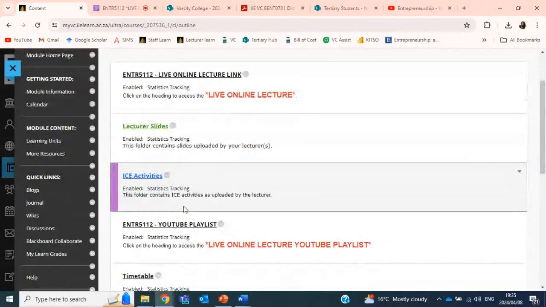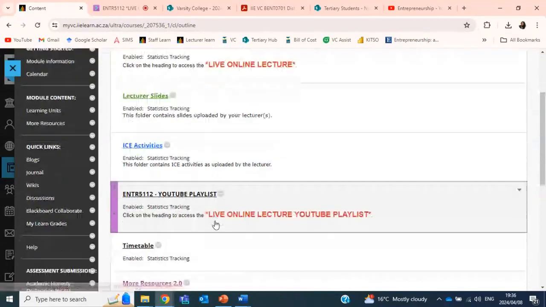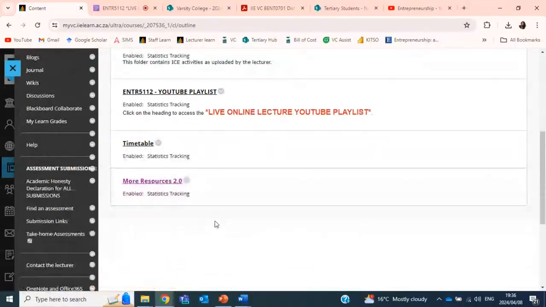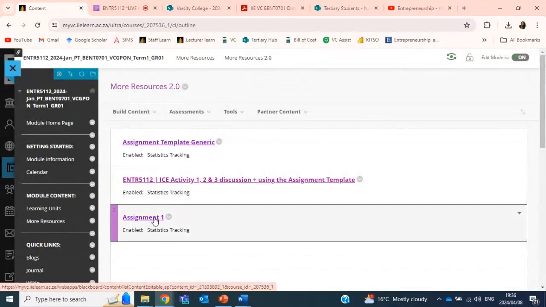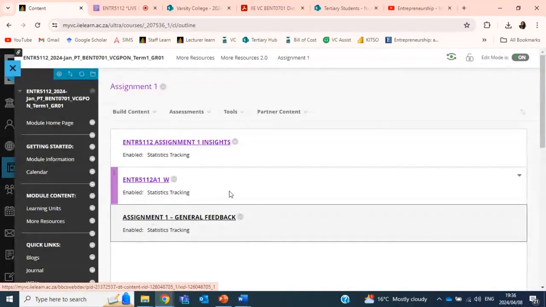So ICE tasks is basically an attempt at showing how far you are with your learning. Yes, it counts 10%, but it's a guaranteed 10% if you attempt it.